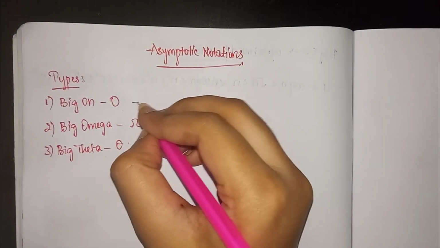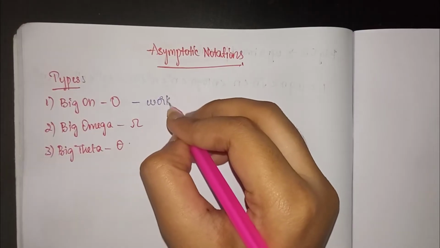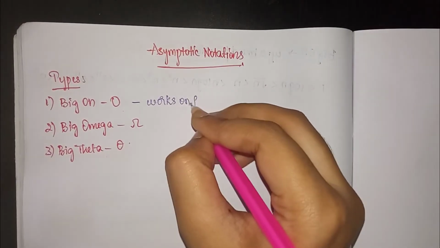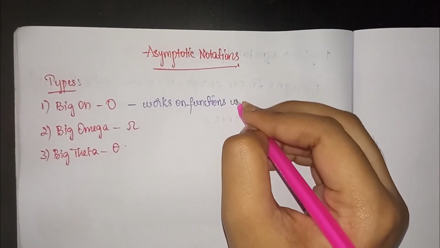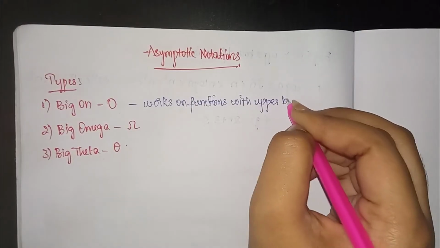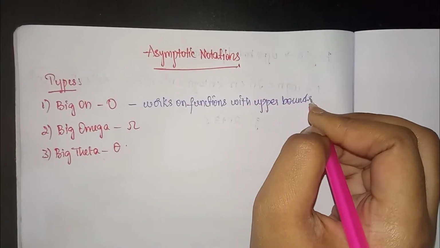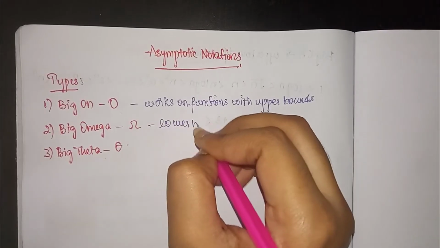So what does this big O notation do? It works on functions with upper bounds. And this works on lower bound.